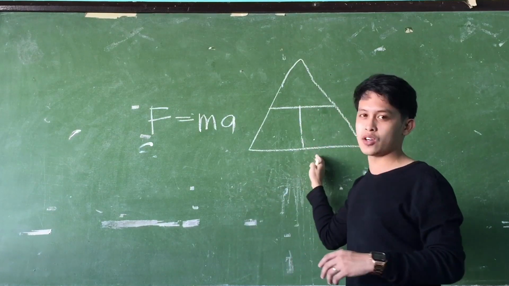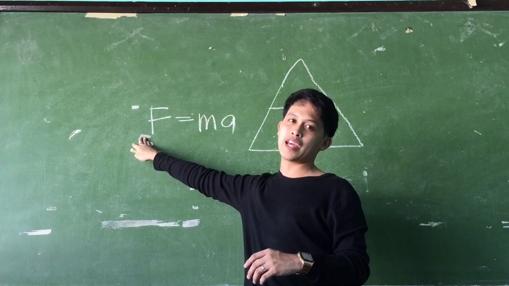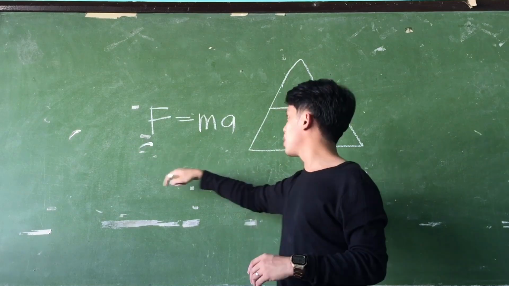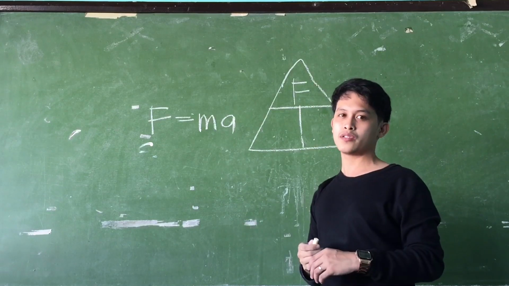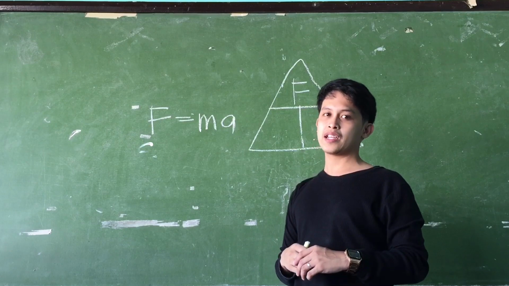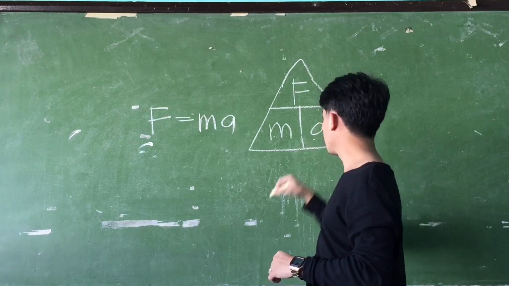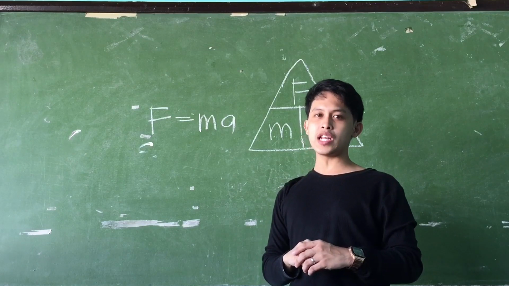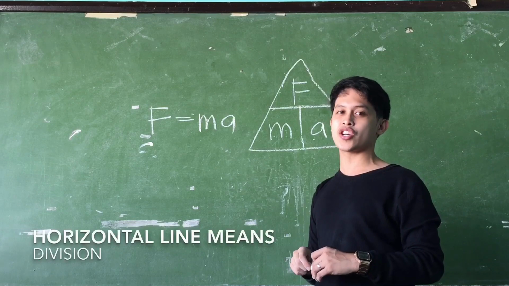In using the triangle, since F is what is being asked, we put F at the top portion of the triangle. And m and a will be written at the bottom. Actually, this line here represents division.